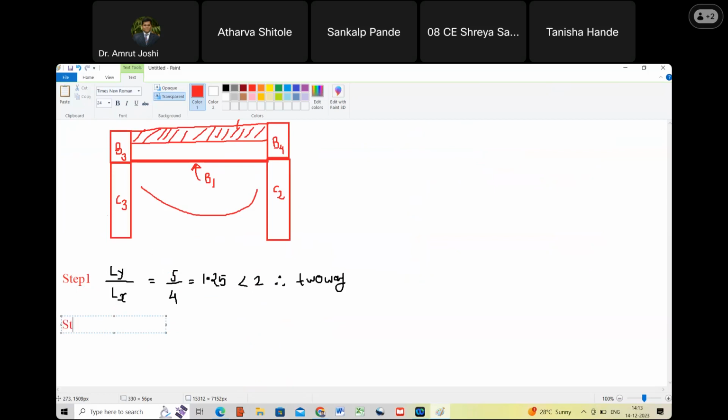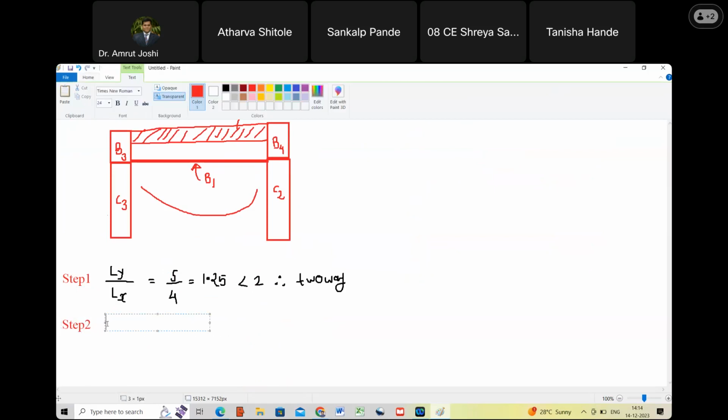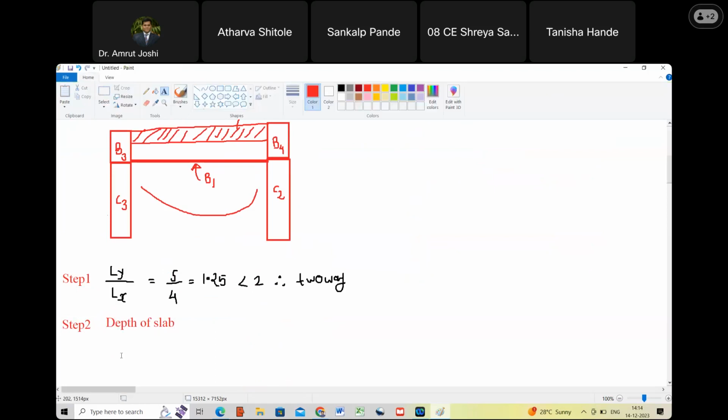What is the step number 2? Are you with me? Yes, sir. So in step number 2, we are going to calculate the depth of the slab. Depth of slab. Are you with me? Yes, sir.